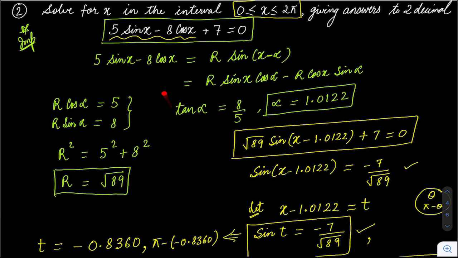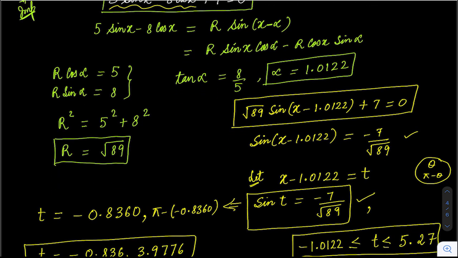Then you substitute this in the original trigonometric equation, and we will get this. And then we write sine of x minus 1.0122 equal to whatever value it comes. Now we have seen that it's not x, it's x minus something. So first you substitute: let's take x minus 1.0122 to be t.